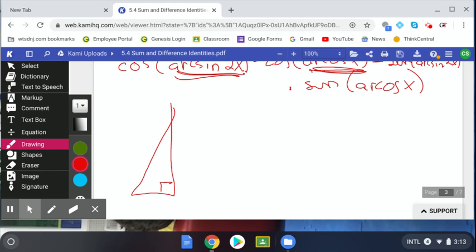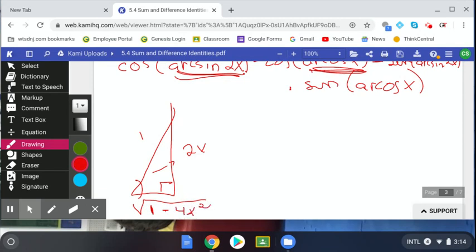And if I know this is my angle here, my alpha, sine of that angle would be opposite over hypotenuse, which means the side opposite of that angle would be 2x, the hypotenuse would be 1. And by applying the Pythagorean theorem, this leg should be equal to the square root of the hypotenuse squared, which is 1, minus the quantity 2x squared, which is 4x squared.